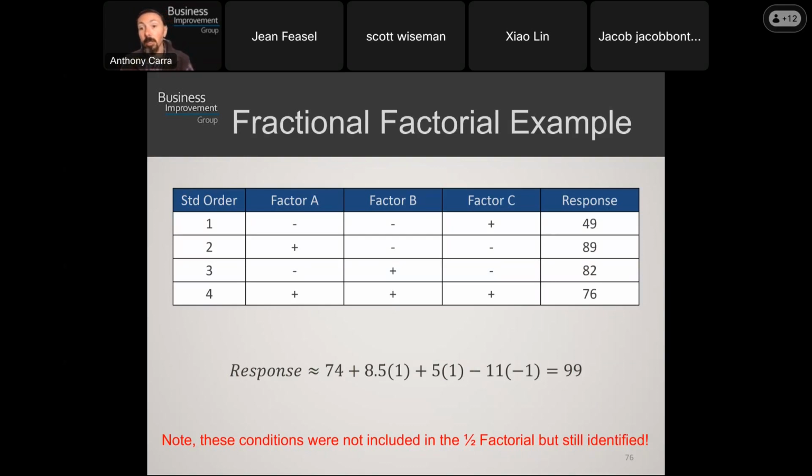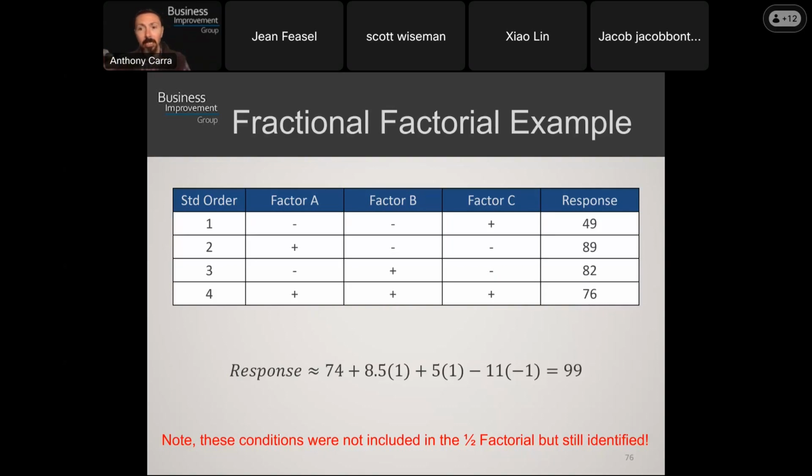This is an example of, going back to earlier slides, when I did one factor at a time, I may have never even tried my best solution, and using a one factor at a time approach, I never even know it because I didn't try it. Using fractional factorial designs, even if there's a best combination out there, I could still find it even though I don't test it, right?